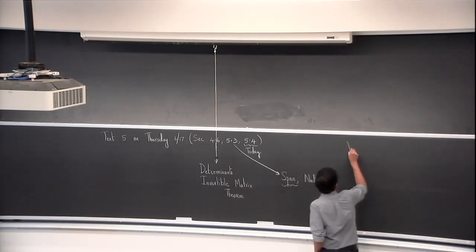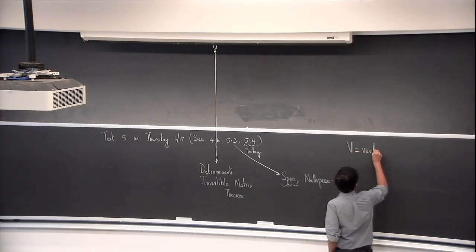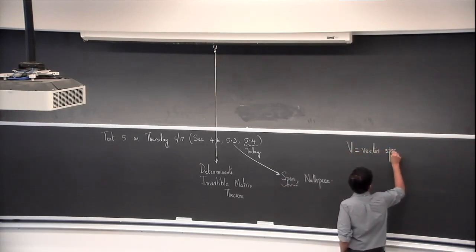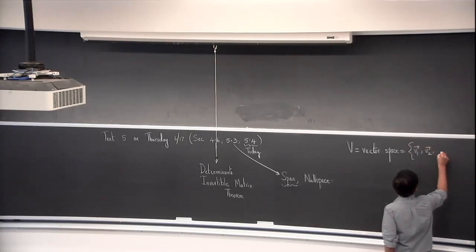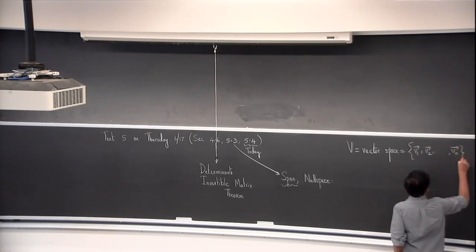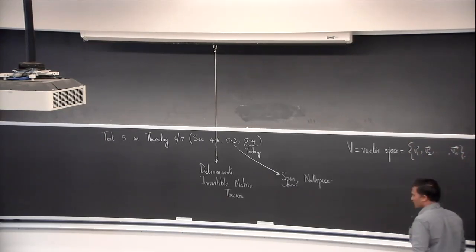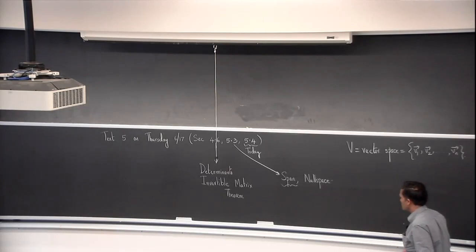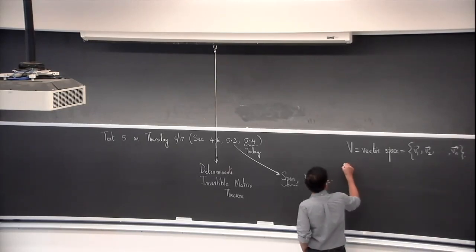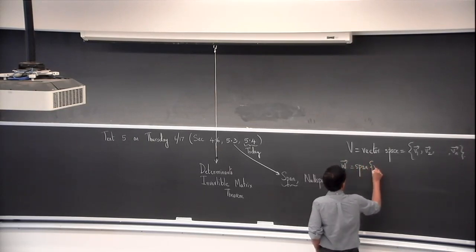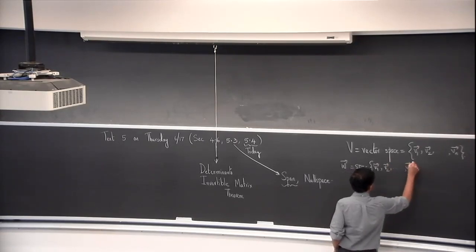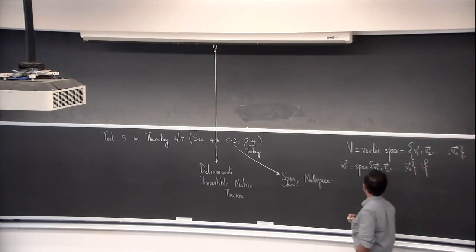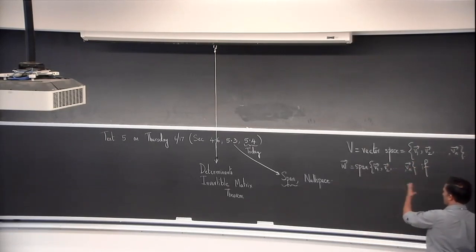If V is a vector space which has a finite number of vectors V1, V2, V3, those could be functions or matrices or just vectors. Then we say that W is in the span of V1, V2, V3 ... Vn if we can write W as a linear combination of those vectors.